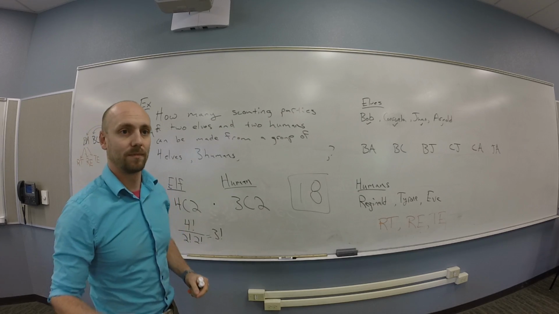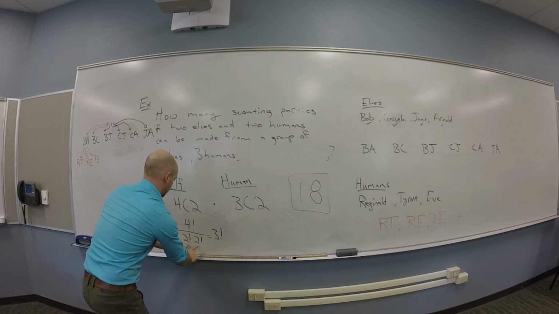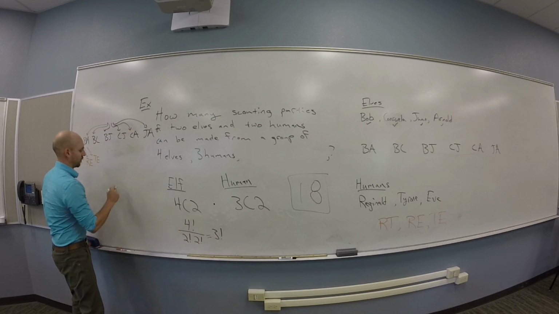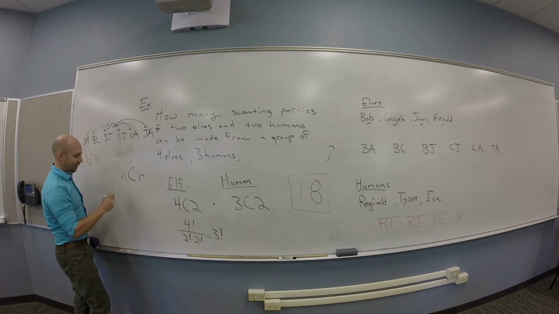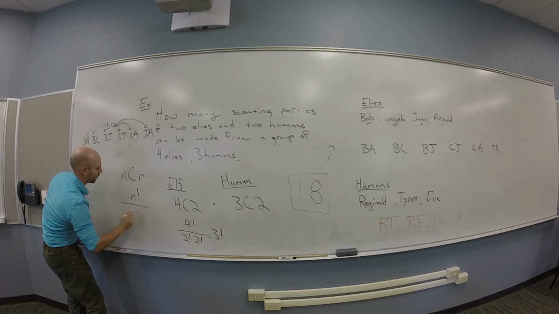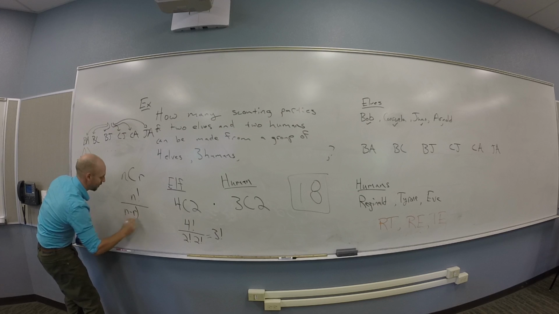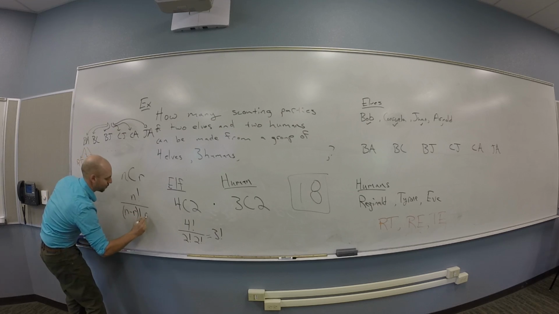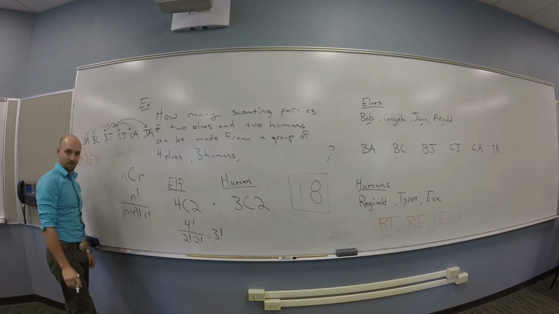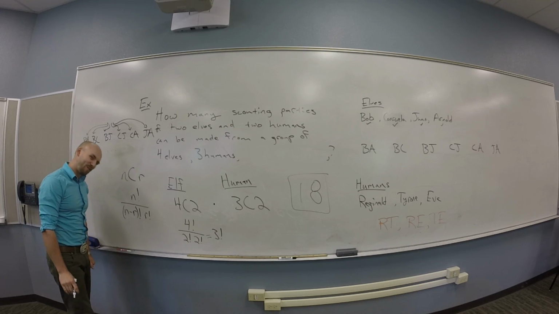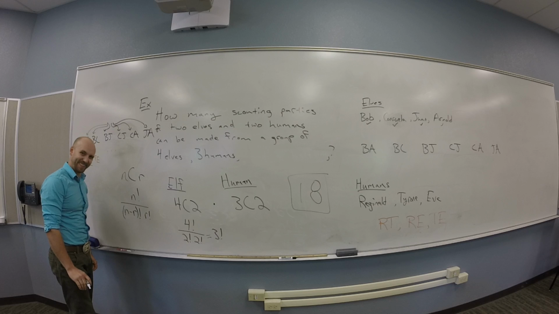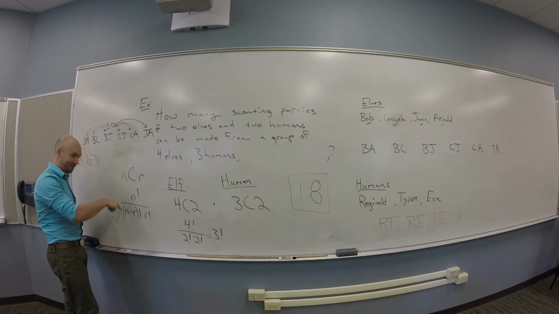Where did you get your second 2 from down there? Top. So n choose r is n factorial over n minus r factorial times r factorial. Remember the formula from last time? Okay, this is the formula.